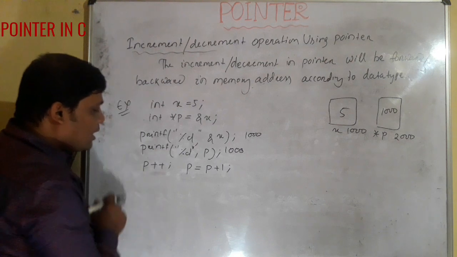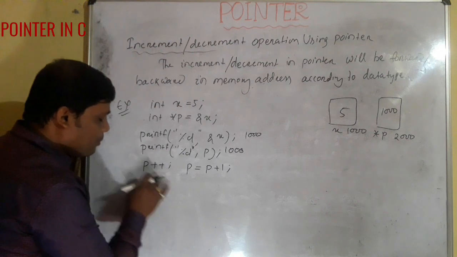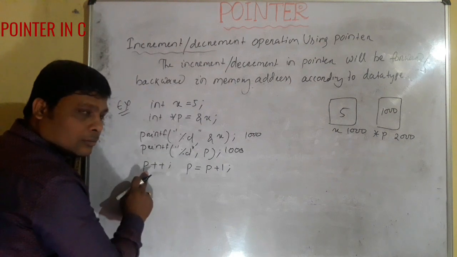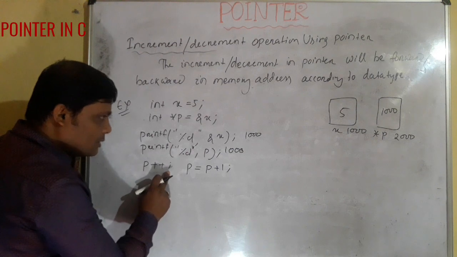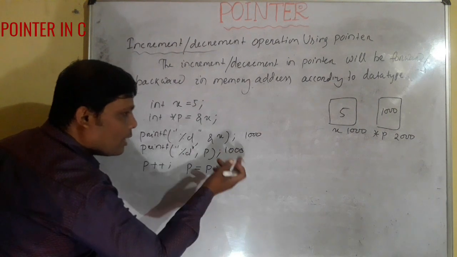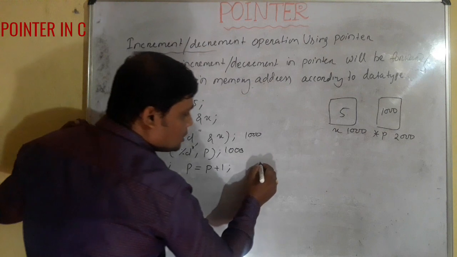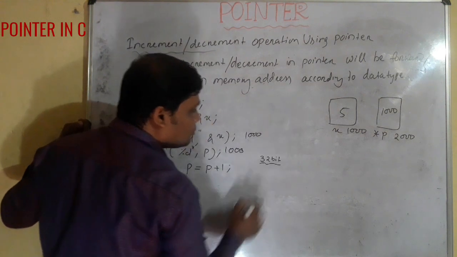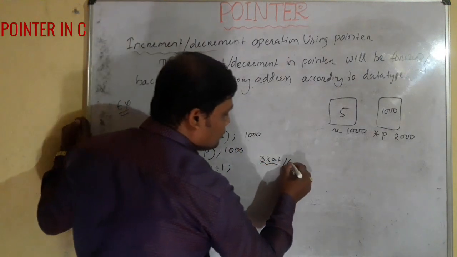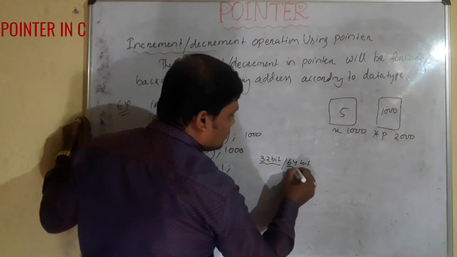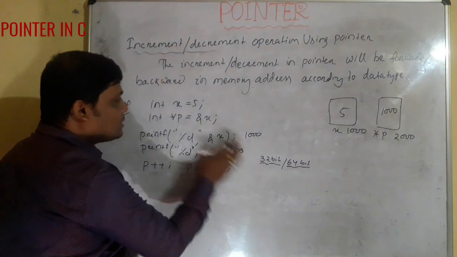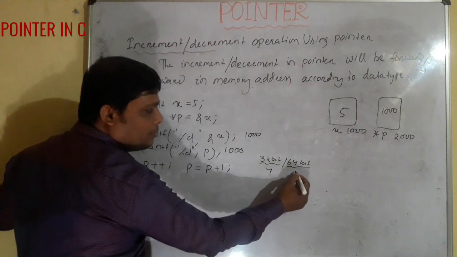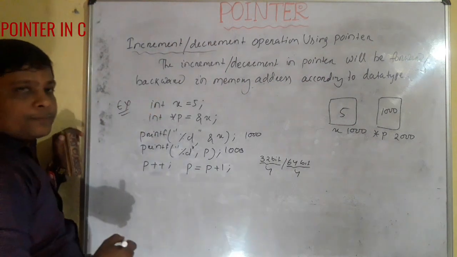So as it is an integer type pointer, if I increment this pointer once, p plus plus, then it will be forwarded, whether your system is 32-bit or 64-bit, because integer is a fixed 4 bytes for 32-bit, also for 64-bit.